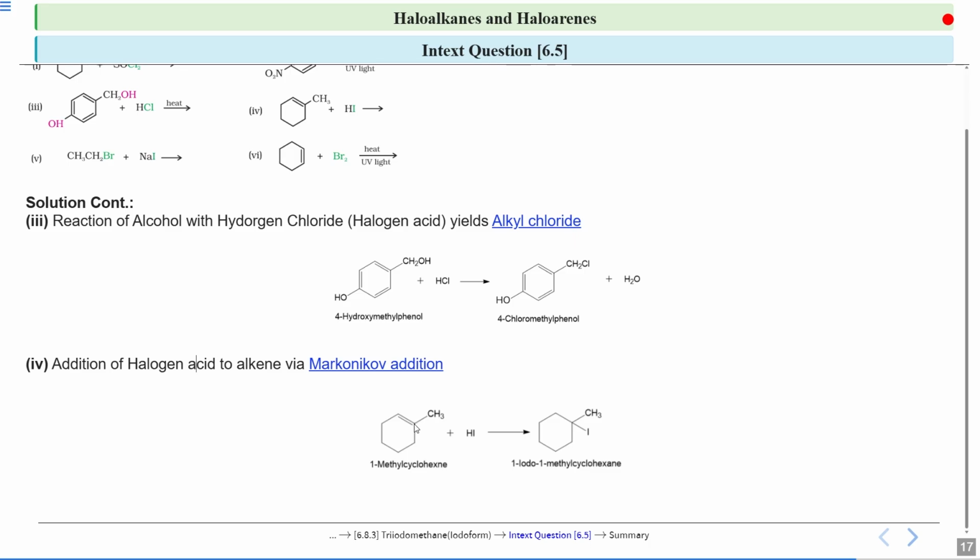So the lesser hydrogen containing double bonded carbon is this one where the methyl group is present. So the iodine will attack on this double bonded carbon and you will get your major product as 1-iodo-1-methylcyclohexane by following the Markovnikov addition rule in this reaction.